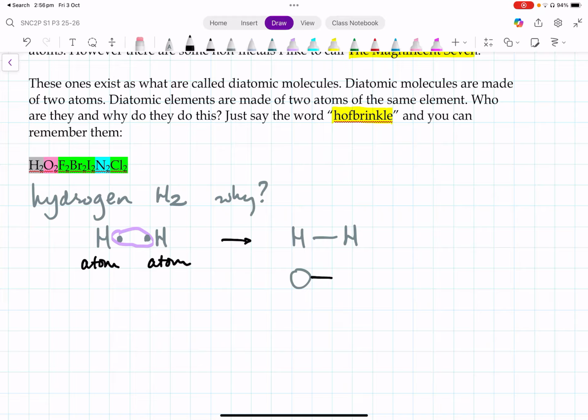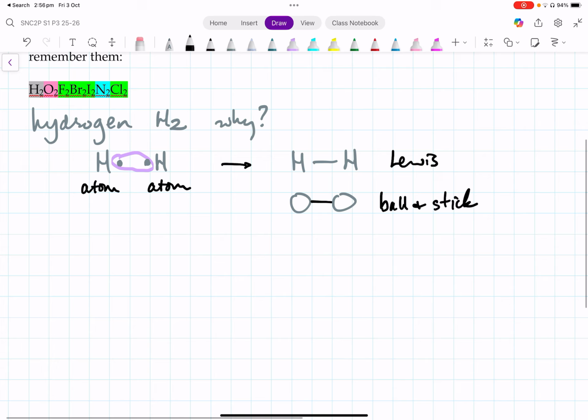Okay, and we can convert this to a thing called a ball and stick model. Okay, and what I call simple particle model, that's ball and stick, and that's Lewis. And then I call simple particle, but truthfully, it's actually called space fill.